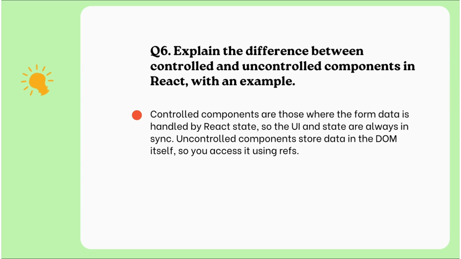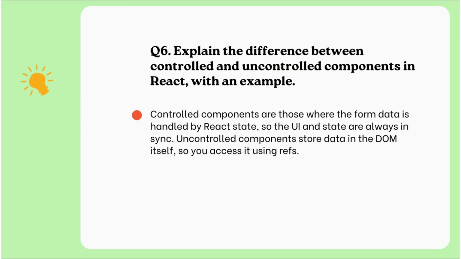Uncontrolled components store data in the DOM itself, so you access it using refs, like a plain HTML form without React managing its value. Good. And which one do you prefer for larger forms? Controlled, because it's easier to manage validation and logic in one place. Correct. Always choose what gives you more control in complex cases.